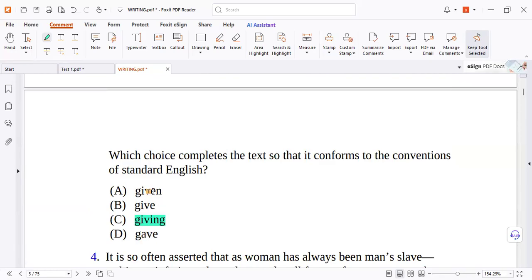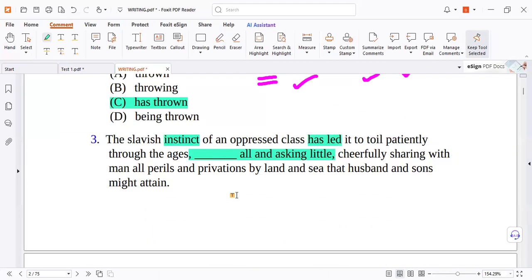Here a phrase, past participle, and here present participle. So check past participle or present participle. Past means the action happened in the past. It's like given all. So it means ages were given, but how were ages given? So the whole situation, given all.